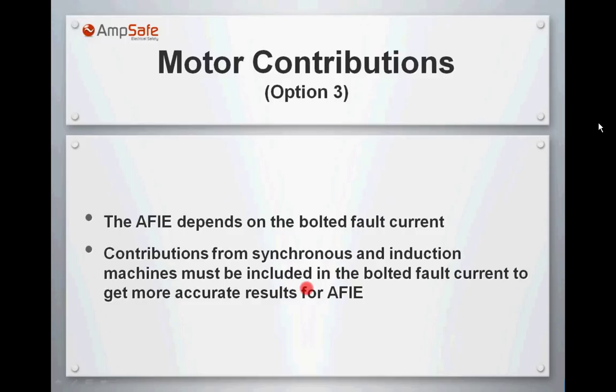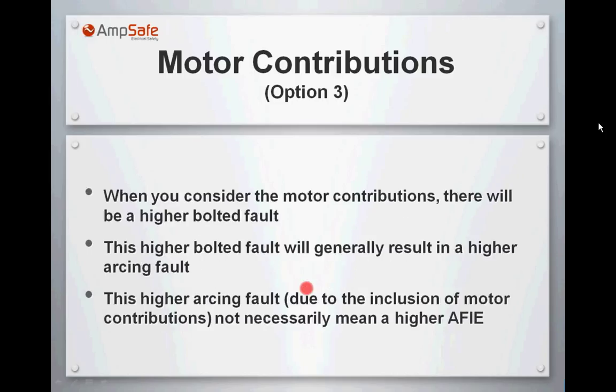When you consider the motor contributions, there will be a higher voltage fault. The higher voltage fault will generally result in a higher arcing fault. The higher arcing fault, due to the inclusion of motor contributions, does not necessarily mean a higher incident energy. This is very important, this last paragraph right here.